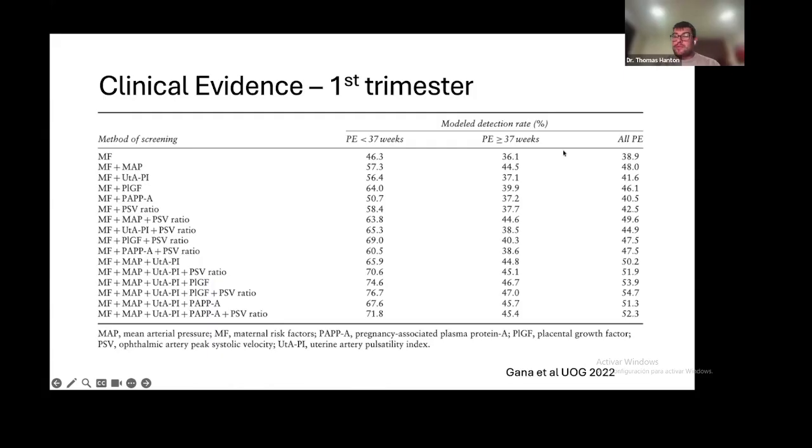For term preeclampsia detection, even other markers are pretty poor, and that's still something there's a lot of research going into. But for preterm preeclampsia, it definitely improves the detection, though not by orders of magnitude. Actually, our detection rate is pretty good using these kinds of screening methods.